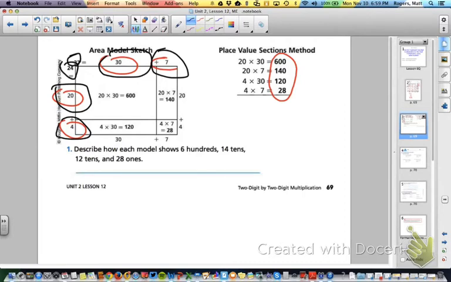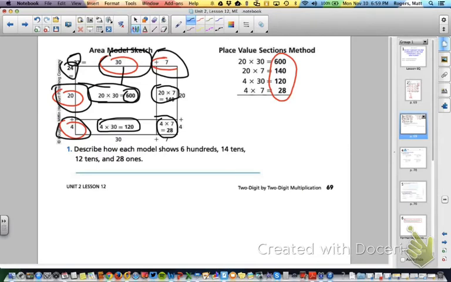And then more or less like a coordinate grid, where the points meet, I have 20 and 30, which gives me 600, same partial product. I've got 4 times 30, which gives me 120. I've got 20 times 7, which gives us 140, and I have 4 times 7, which gives me 28. The same partial products, when I add them all up, I still get 888.